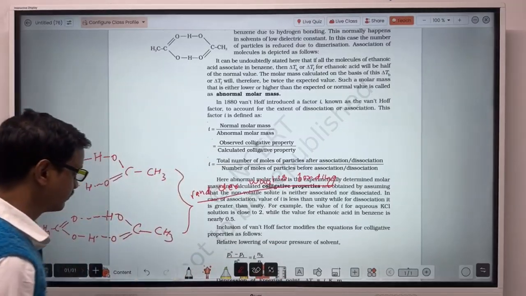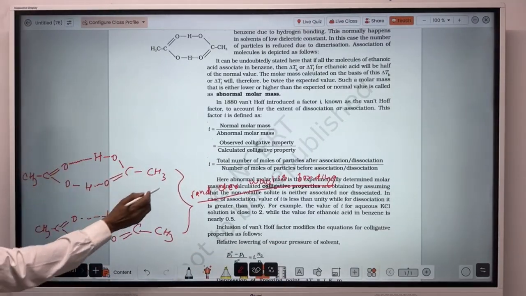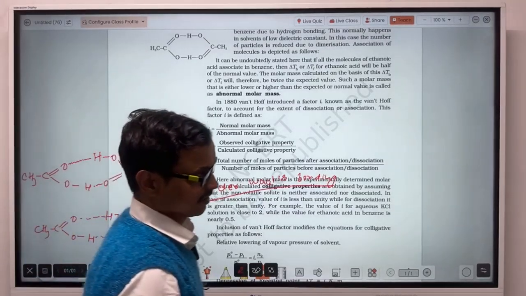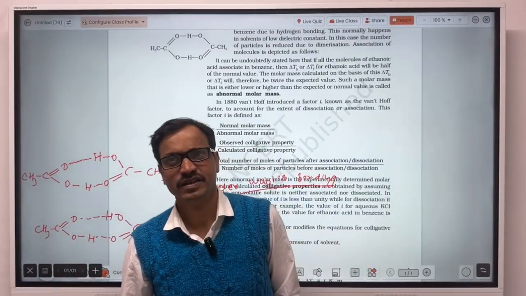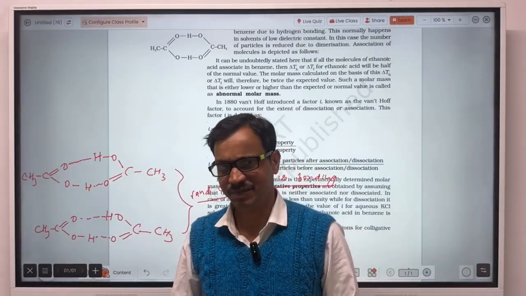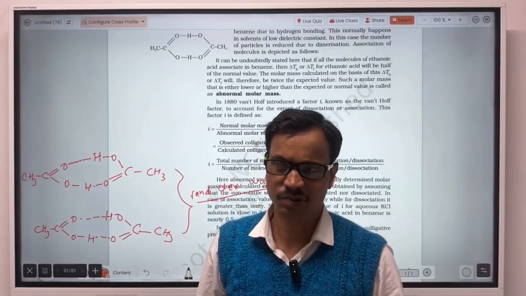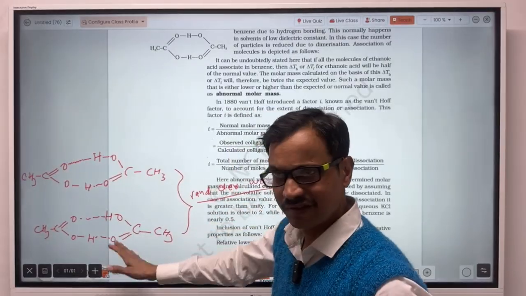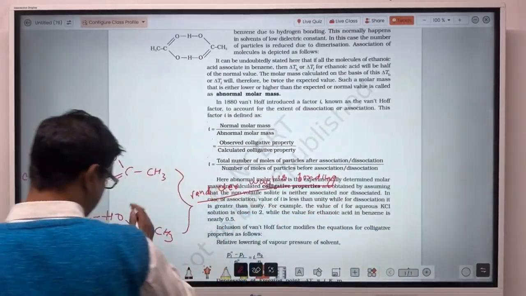This is when acetic acid dissolves in an aprotic solvent like benzene or petrol, or any other compound which is non-polar or does not contain H plus ion. So that is association.